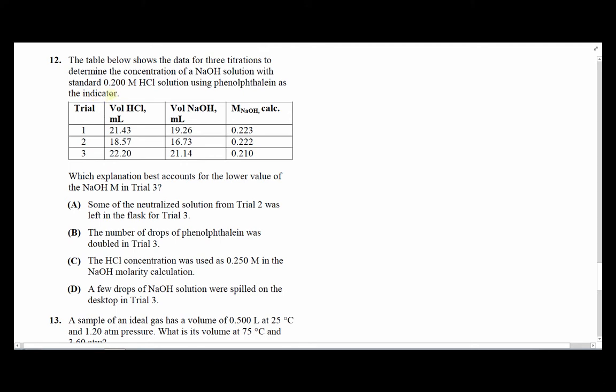Okay, so we are given these 3 trials, and which explanation best accounts for the lower value of NaOH molar. So concentration of our sodium hydroxide, why is it so low in trial 3? Why is this low?